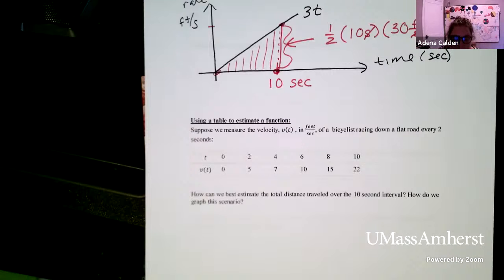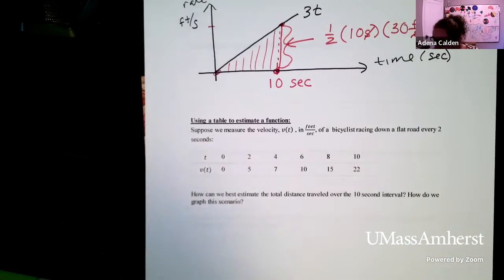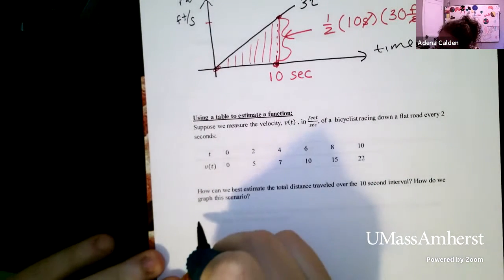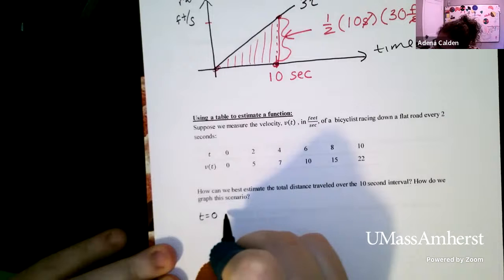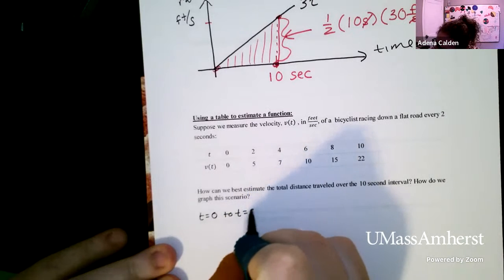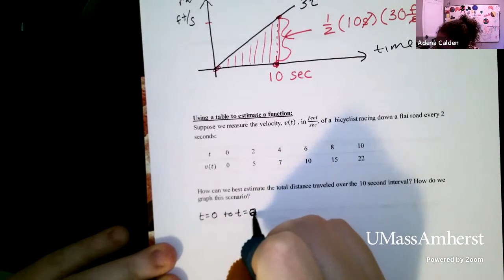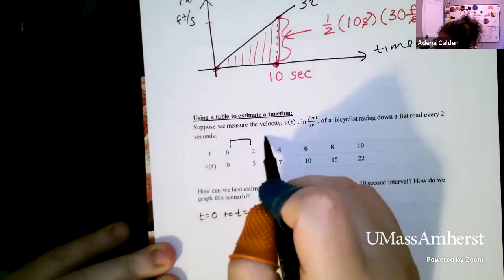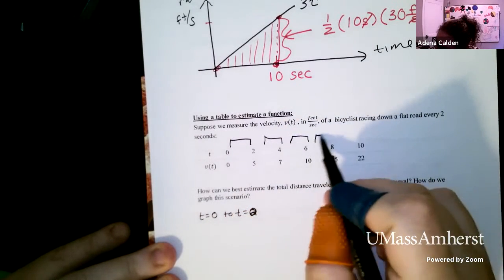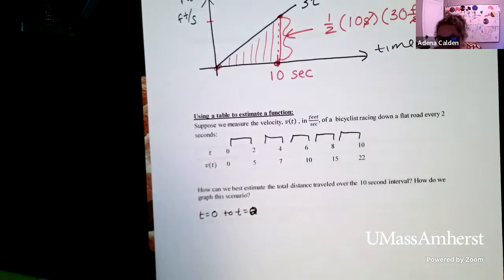Okay, so let's imagine now that this is the data we have and we are like the official judges. What we're going to do is we're going to take each time interval into 2-second intervals, because that's how we measure it, every 2 seconds, right?